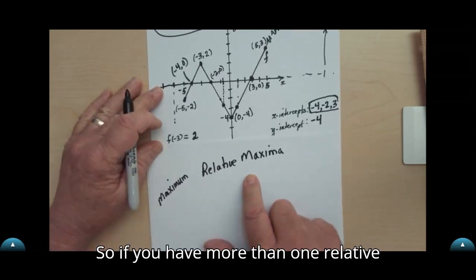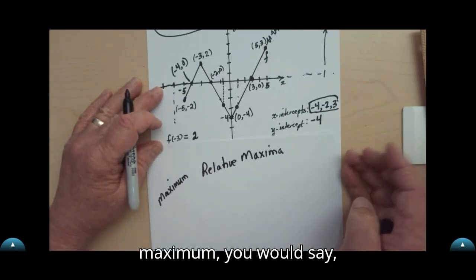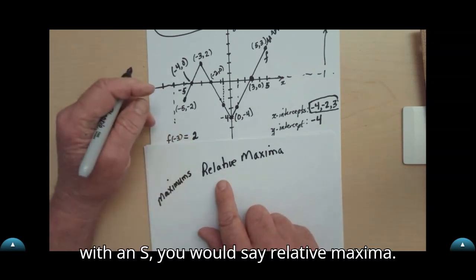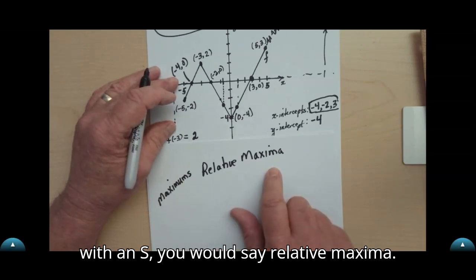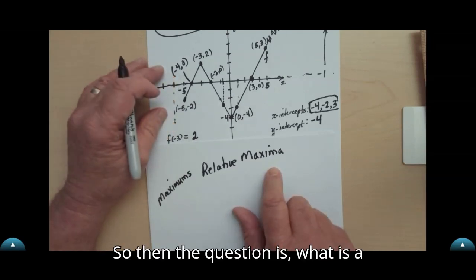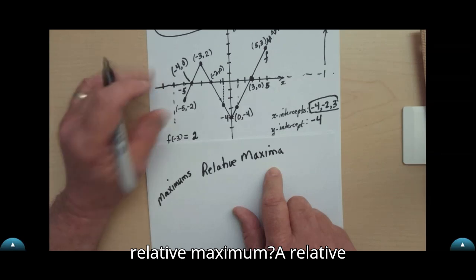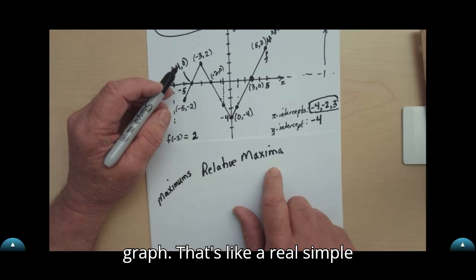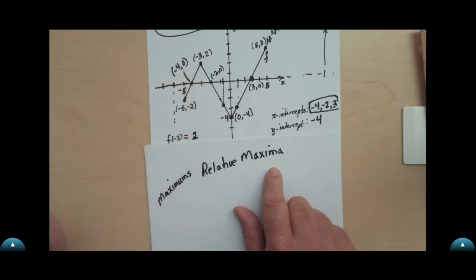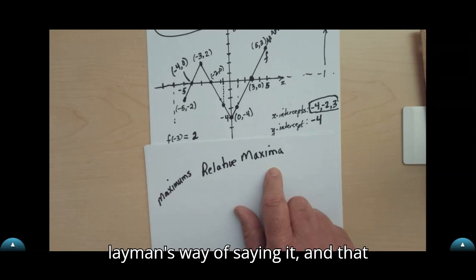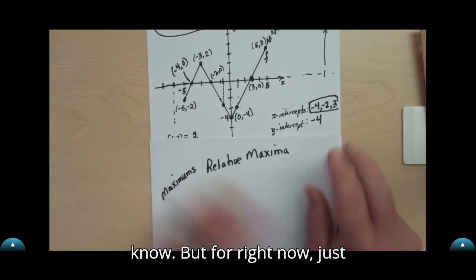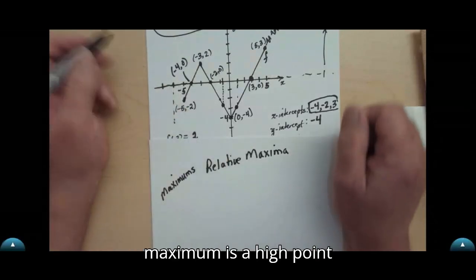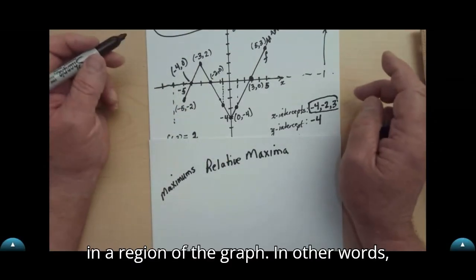So if you have more than one relative maximum, you wouldn't say relative maximums with an S, you would say relative maxima. So then the question is, what is a relative maximum? A relative maximum is a high point on the graph. That's a real simple layman's way of saying it, and that doesn't tell us everything we need to know. But for right now, just intuitively, a relative maximum is a high point in a region of the graph.